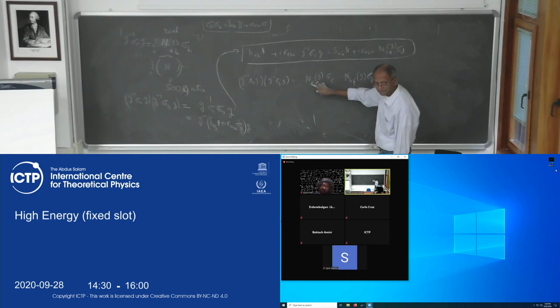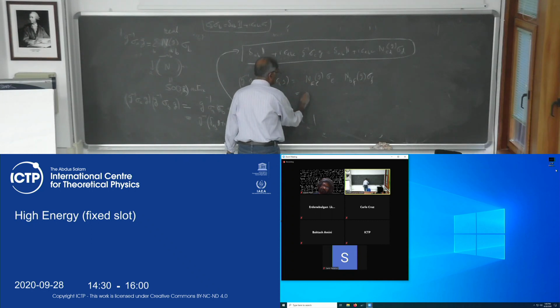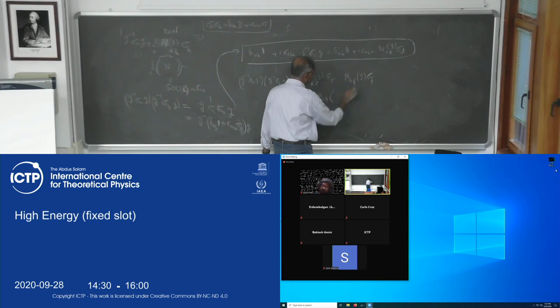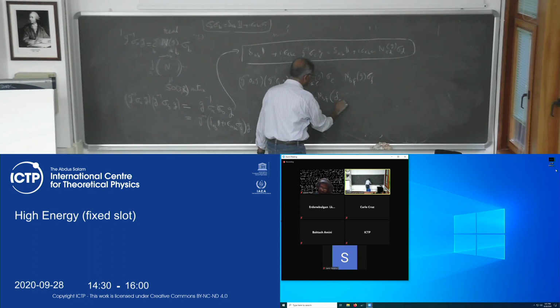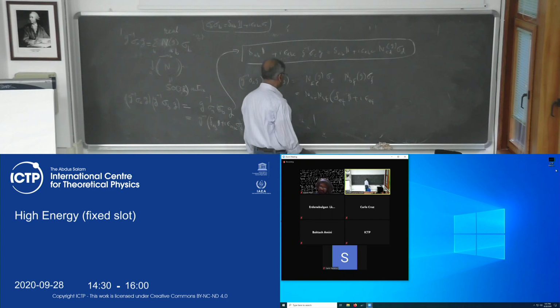All these are numbers, which is the same as N A E is a number, N B F times sigma E sigma F. Again, I use this equation here. So you get here delta EF times identity plus I epsilon EF K sigma K. The G I don't want to use because G is here.